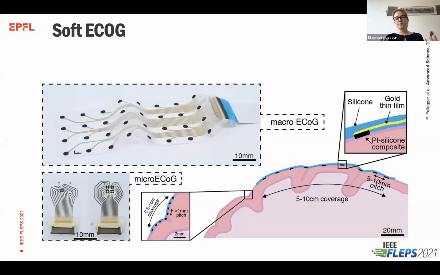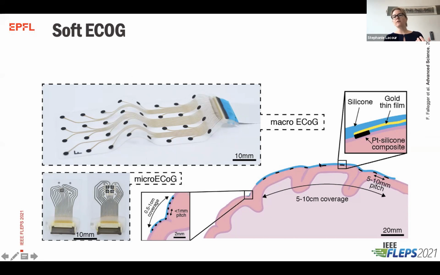Because we use standard patterning techniques, we can pattern arrays of macroscopic electrodes, like the top photo, but we can also miniaturize the structure further, where here we have electrode arrays that are typically hundreds of microns in diameter. Depending on where you want to position the array, you can tailor the layout of your ECoG.